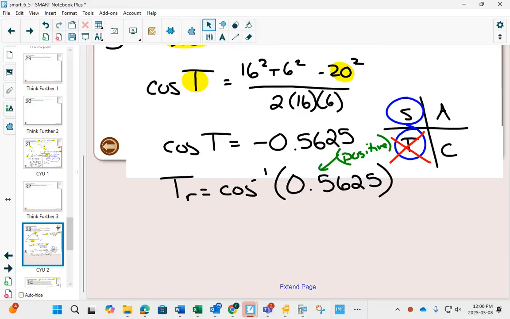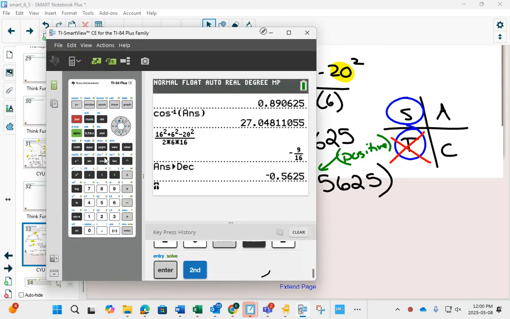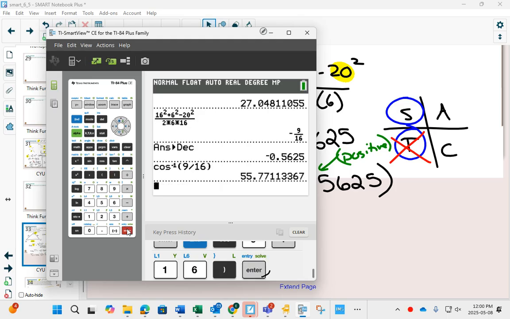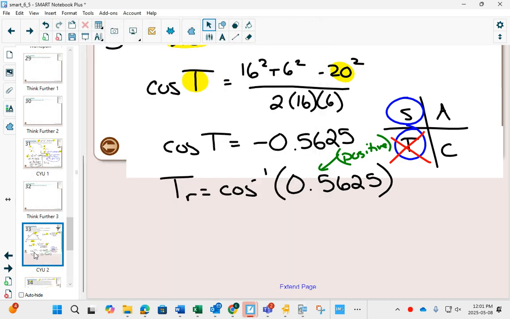So I'm going to go to my calculator. I'm going to go cos inverse. I'm going to go 9 divided by 16 instead of writing the decimals because it saves me one button. So efficient, I know. And I get 55.771 degrees. That's my reference angle.